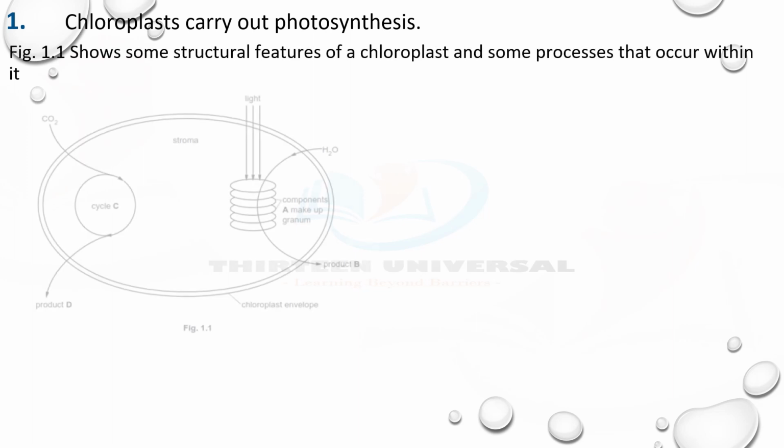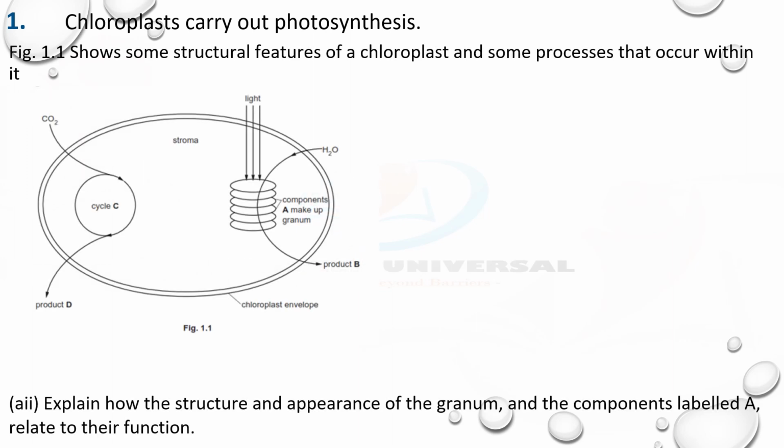Let's go to the next question. That's one mark. Same chloroplast. It says explain how the structure and appearance of granum and the components labeled A relate to their function. Anytime they use the word explain, give a reason, but now they've brought in how.